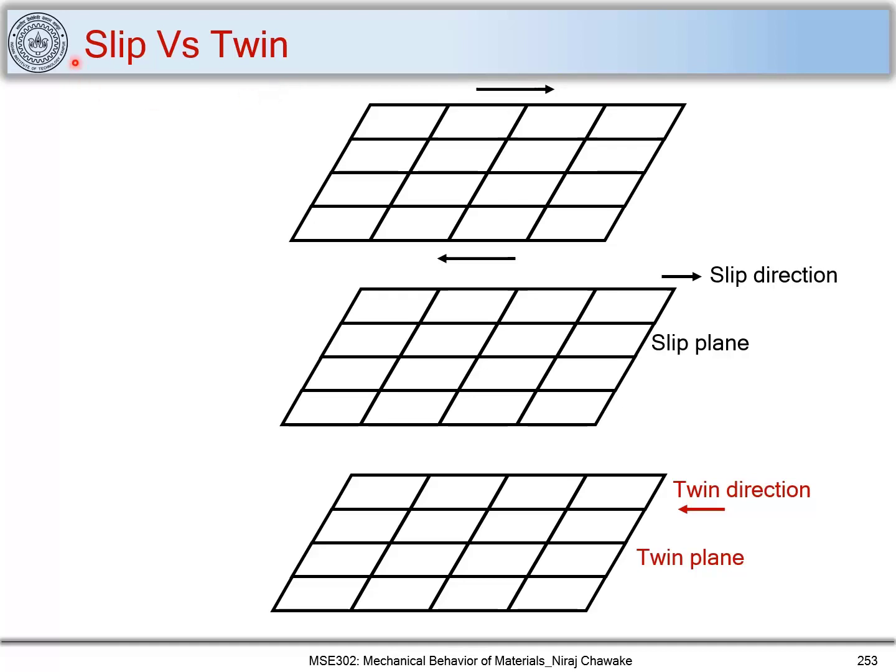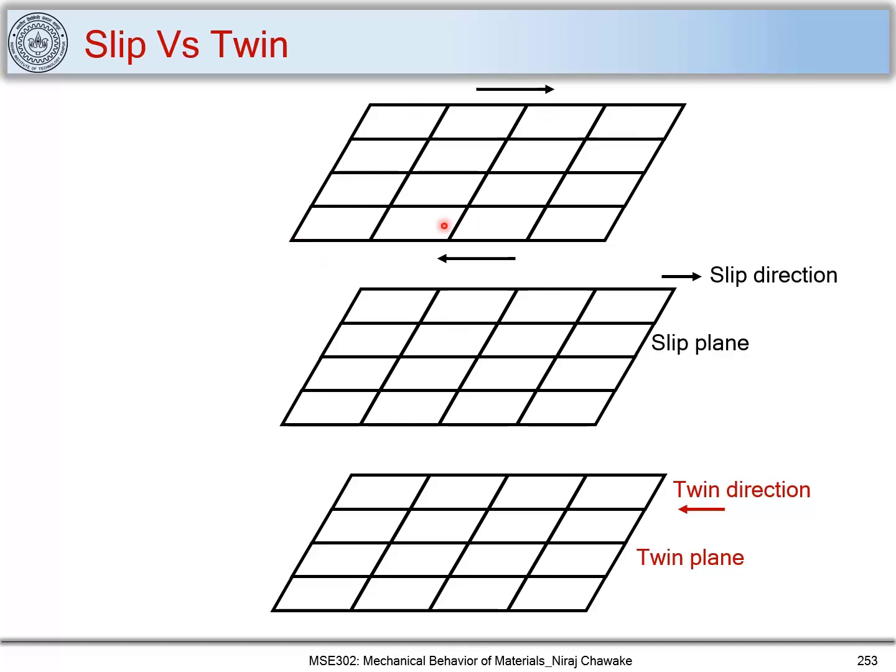We know that these are two important deformation mechanisms where the plastic strain can be accommodated by material when they are deforming. So let's revise what is slip first and then try to understand twinning in terms of slip.